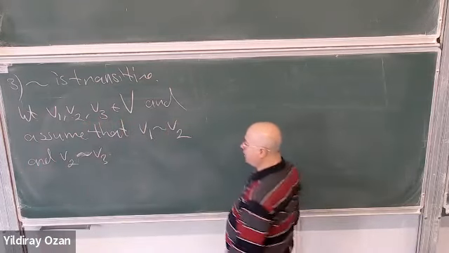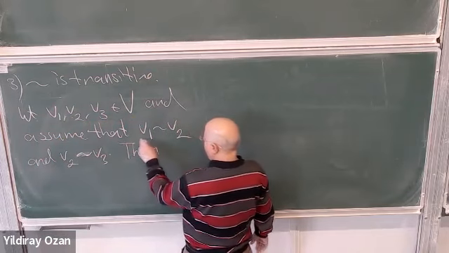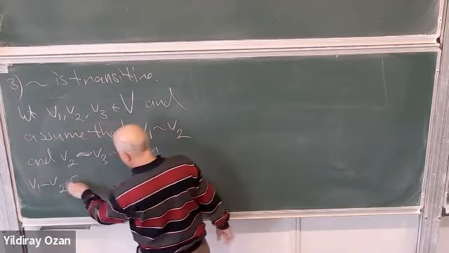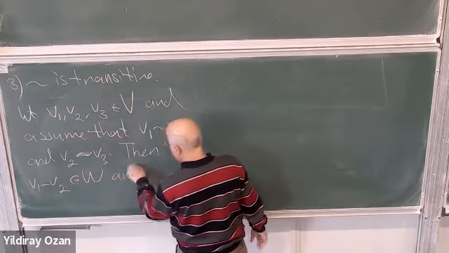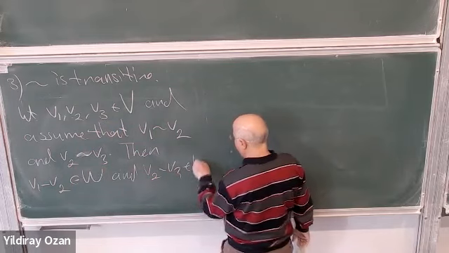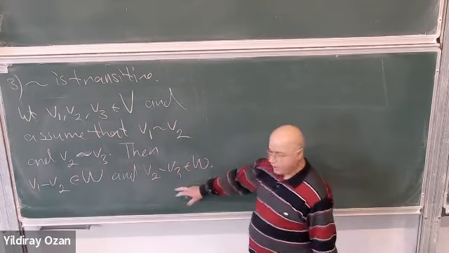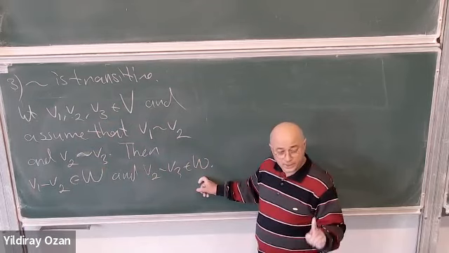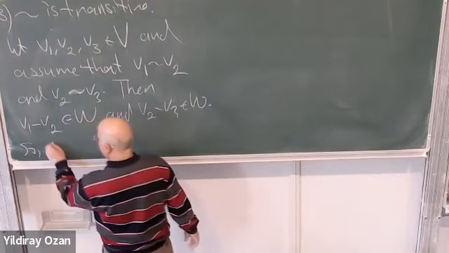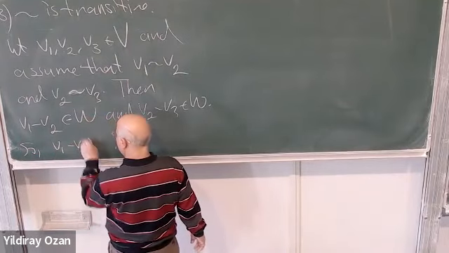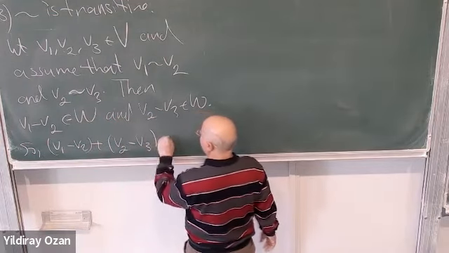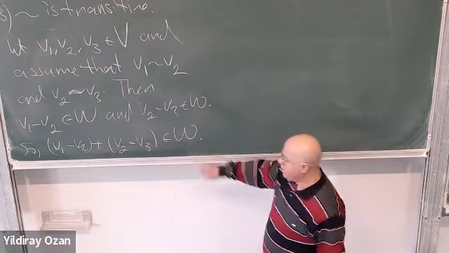Well, this means v1 minus v2 is in W, and v2 minus v3 is in W. So I have two vectors in W, and W is a subspace, therefore it is closed under addition. This means v1 minus v2 plus v2 minus v3 is in W because it's a subspace.